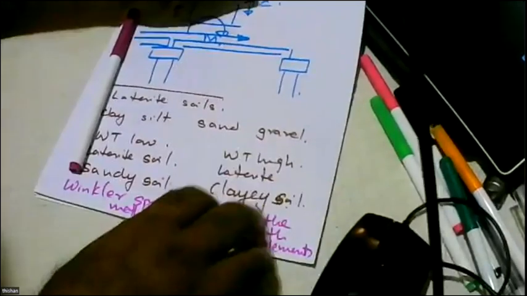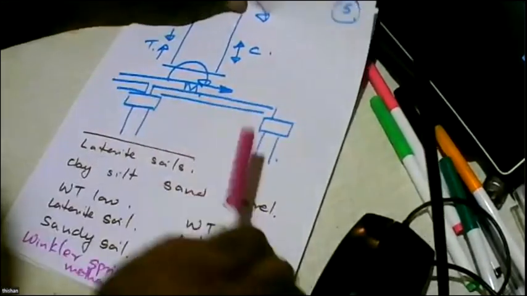So let's see how we can model the soil when it is sandy. So when the soil is sandy, let's take a foundation, inverted T-type foundation. Just as an example.